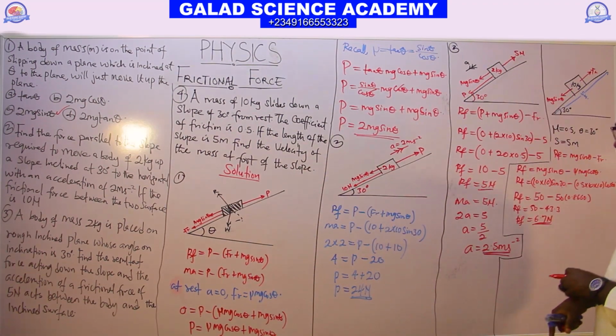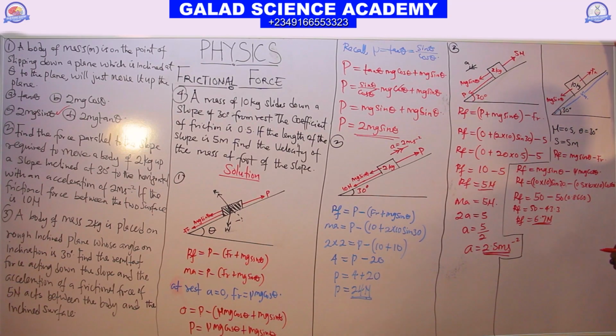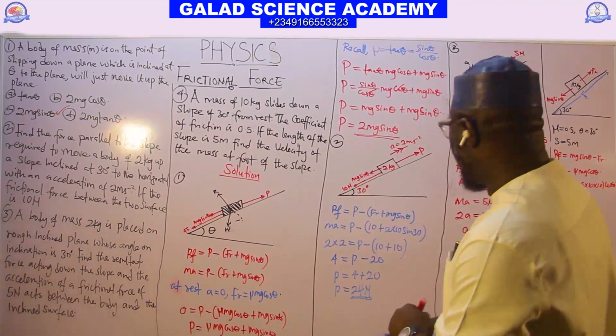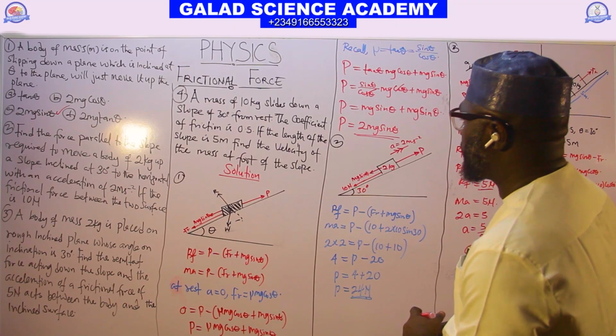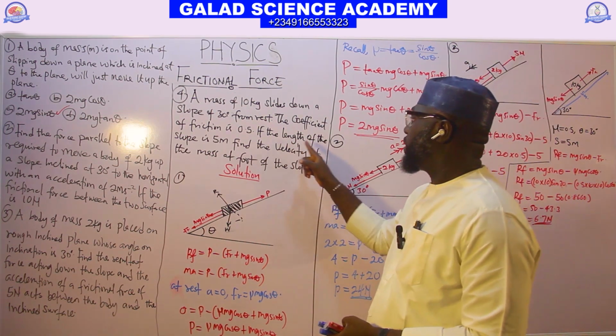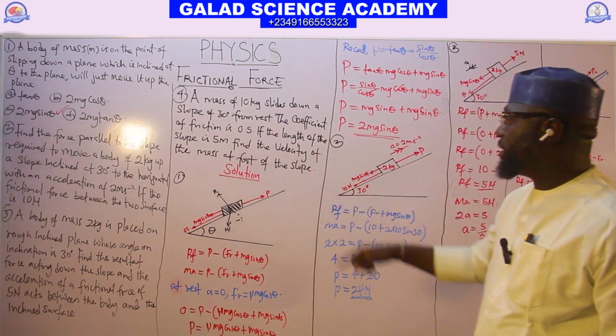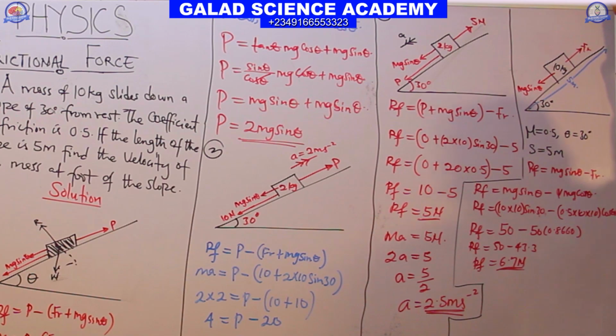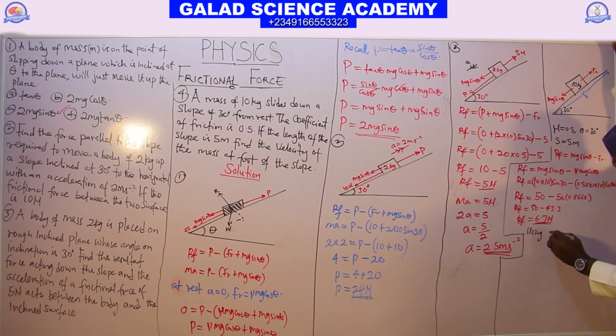Find the velocity of the mass. To find the velocity, we can use work done: force times distance is equal to the kinetic energy.